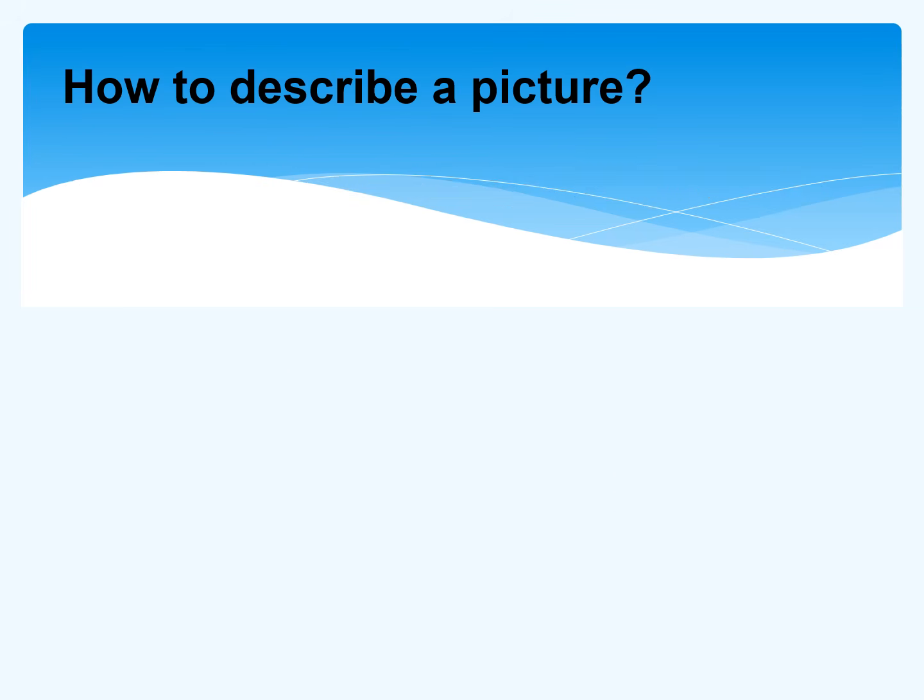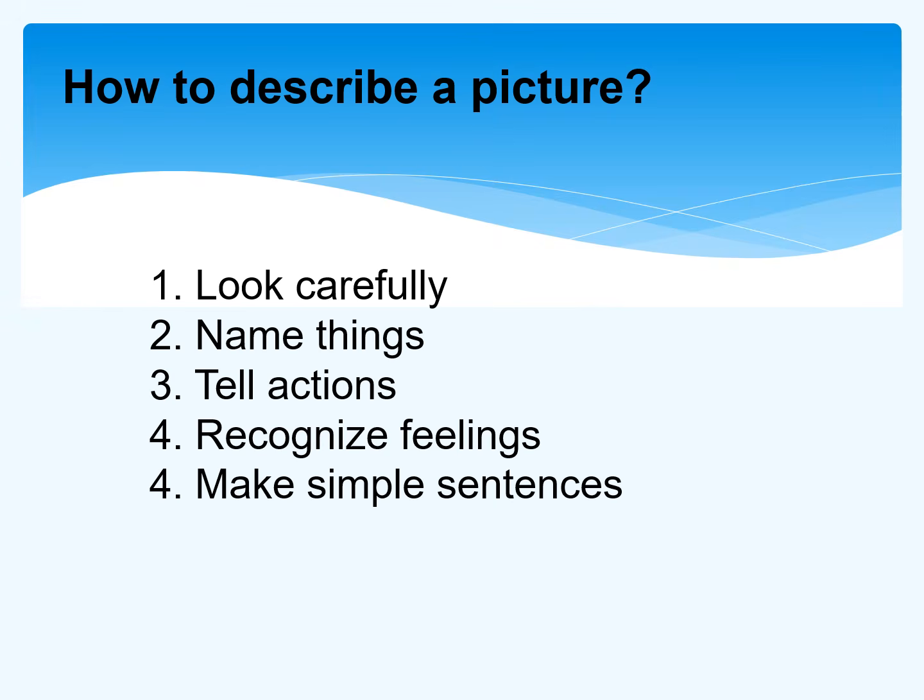How to describe a picture? When we have a picture in front of us, the first thing we will do is to look carefully. We are going to observe the picture in detail. We are going to name the things which we see in that picture, the actions being performed in that picture.